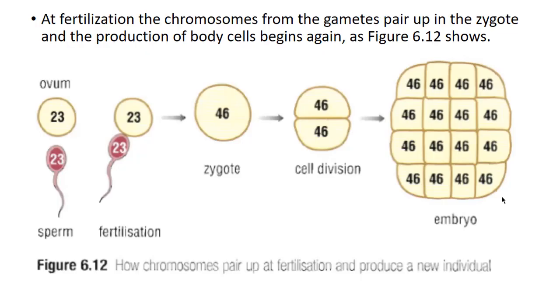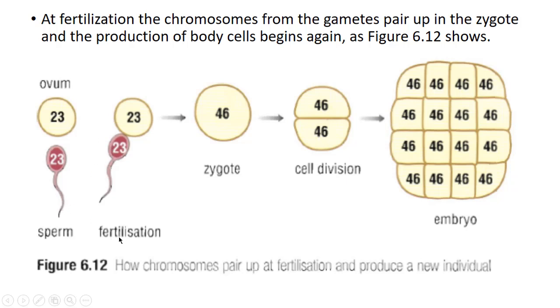So look at this process of fertilization. As you can see, here we have an ovum or egg cell. You can see a sperm cell coming to join with the egg cell to make a new individual's cell. You can see that 23 chromosomes from the mother's side and 23 chromosomes from the father's side join.